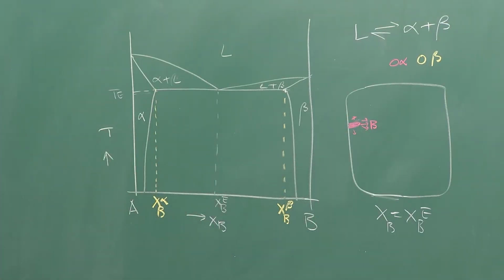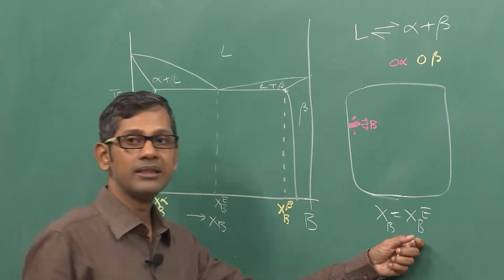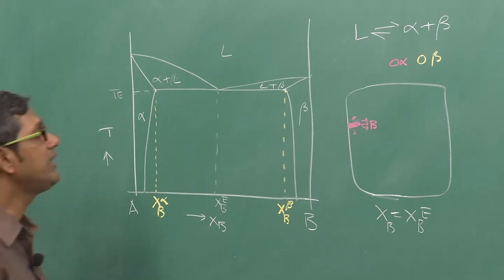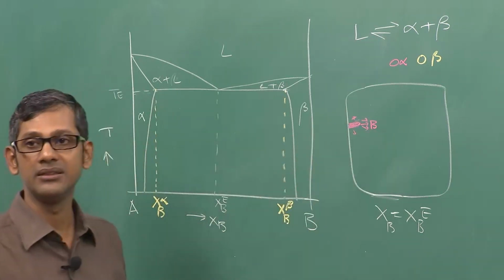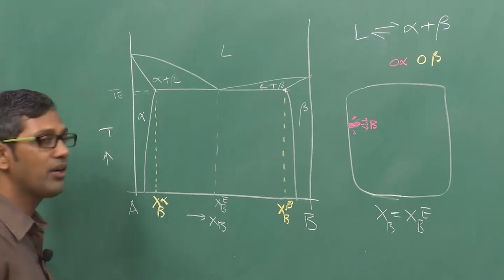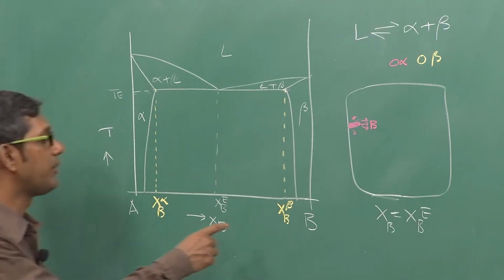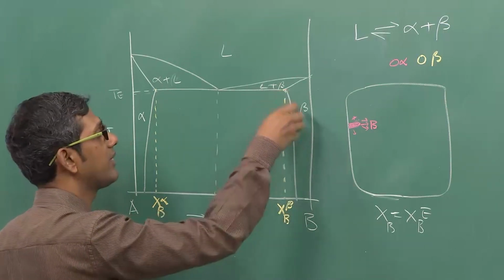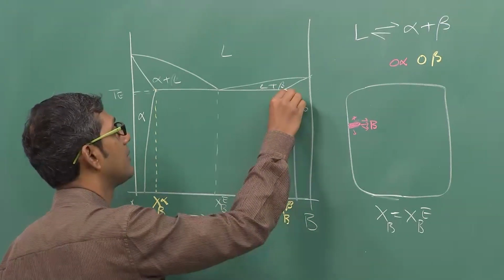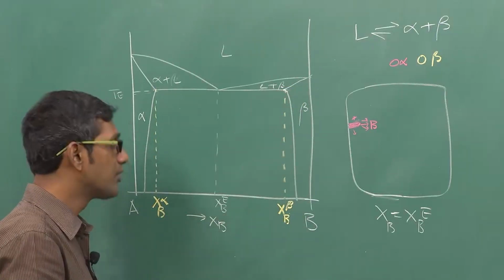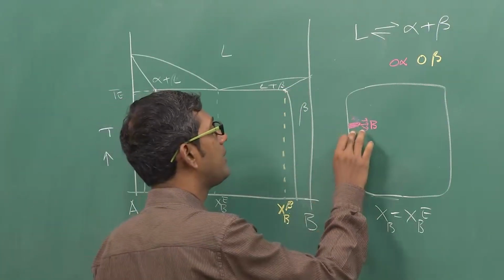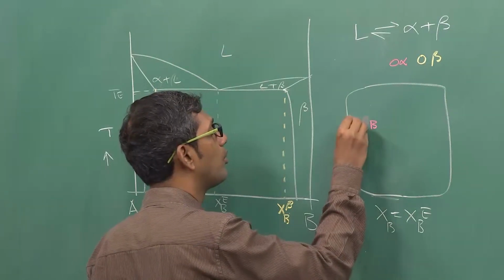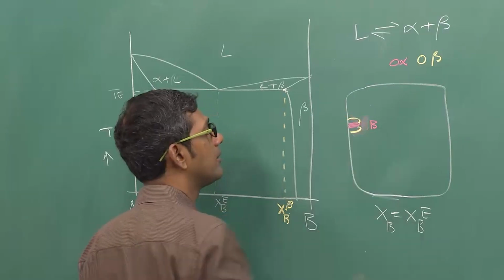The liquid has a composition of XBE, but because growth of alpha requires more A, less B, these nearby regions will be rich in B, very rich in B. Because of that, the composition of the liquid might reach the point which I marked XB beta. So, as soon as that happens, there will be a finite driving force available for the beta to nucleate and grow on both sides of alpha.